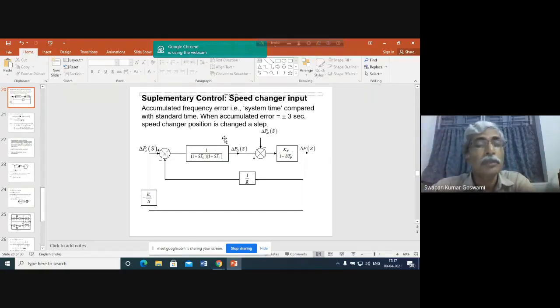So that was a problem, maintaining the frequency. Because from the discussion on frequency control, perhaps it is now clear to you what the sole reason for frequency variation is. It is the unbalance between the power supply, that is the power generation, and the power demand. This is the sole reason for frequency variation. And why was this there?